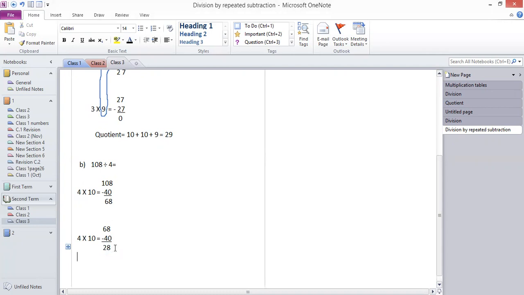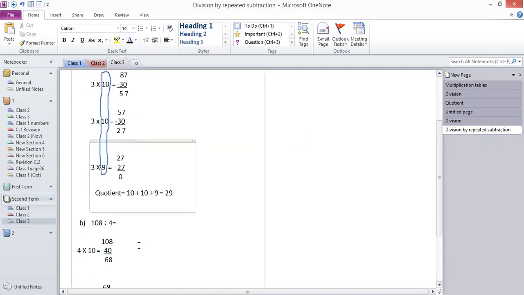Now I will have to think: 4 multiplied by what will give me 28? Yes, guys, can you tell me 4 multiplied by what will give me 28? By 7. Very good. 4 by 7 is equal to 28. So we will write here 4 by 7 equals 28.